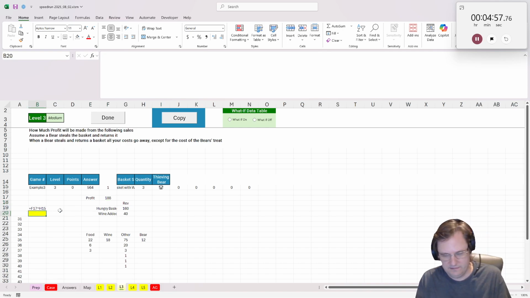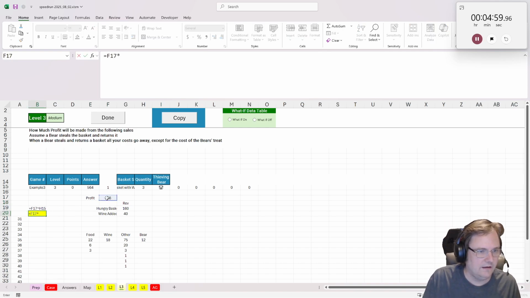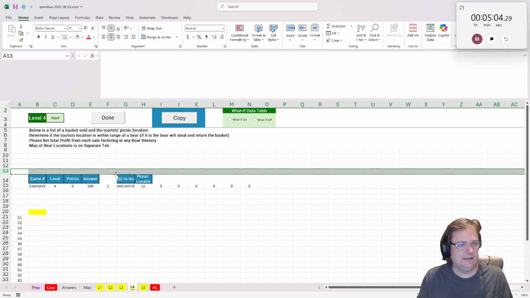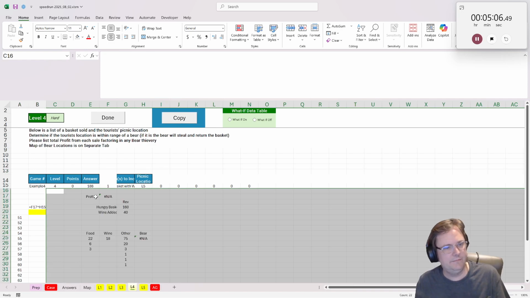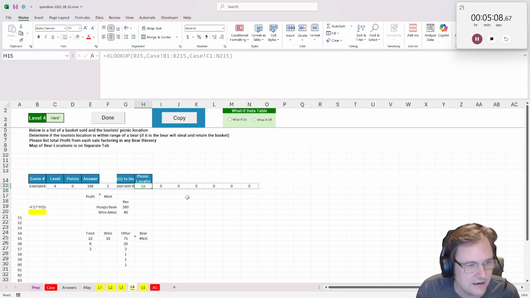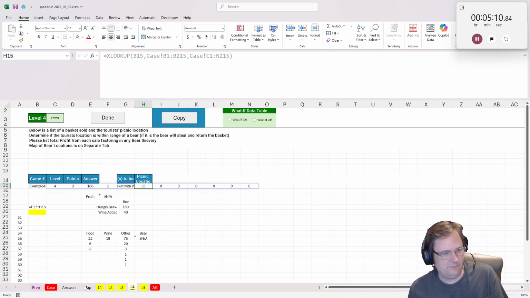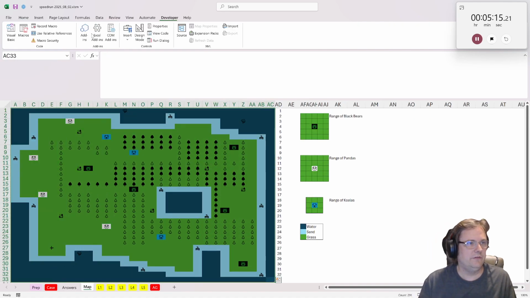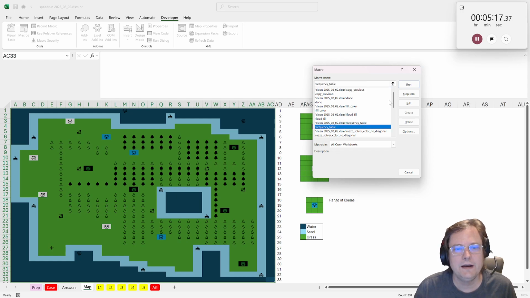So it's that times the quantity is my yes bear. All right, here, maybe bear, maybe not bear. So based on that L5, we got to know if there's a bear or not. So we look here at the bears. I'm going to use a subroutine for this that I have prepared.